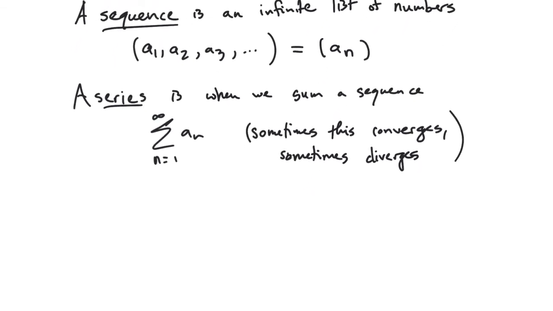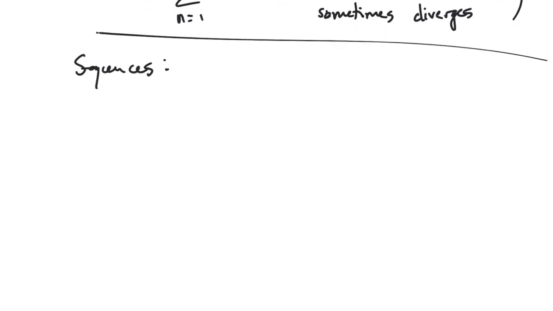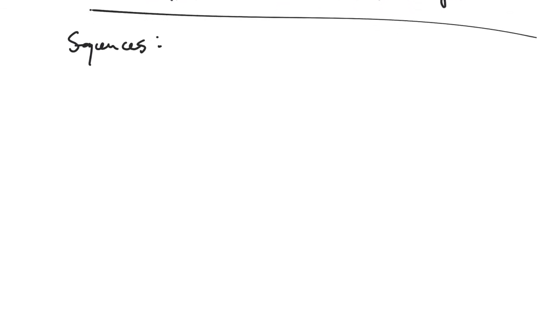So about sequences. Here's an example of a sequence. We've actually talked a bit about this one. Thinking of that as a set has been an interesting source of examples a few times.